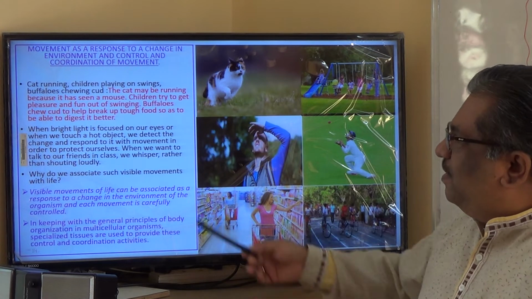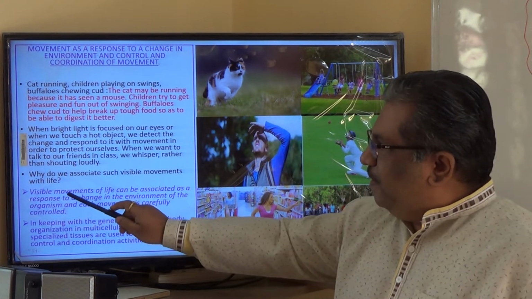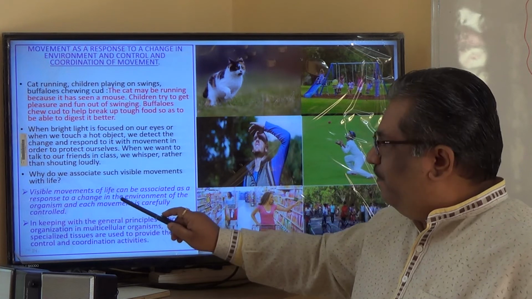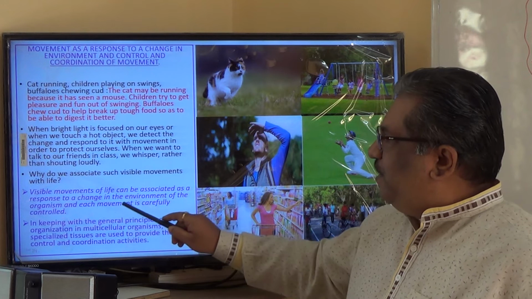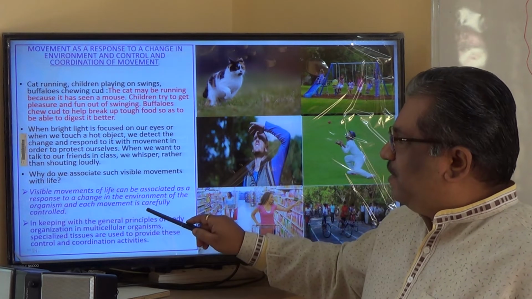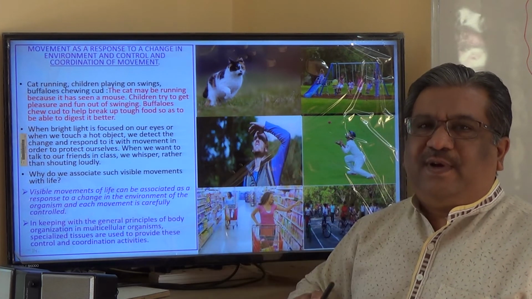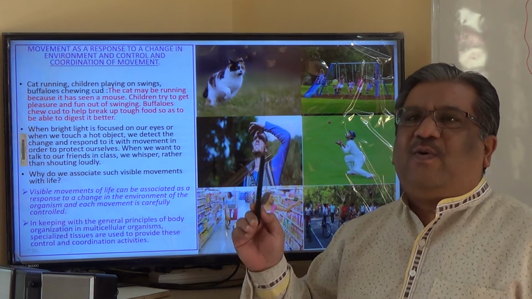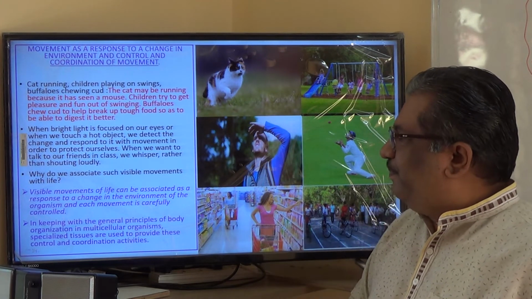Out of all this, one point I could talk about is that visible movements of life can be associated with a response to a change in the environment of the organism, and each movement is carefully controlled. All these movements are very carefully controlled, and there exists a coordination between the movements of different body parts.